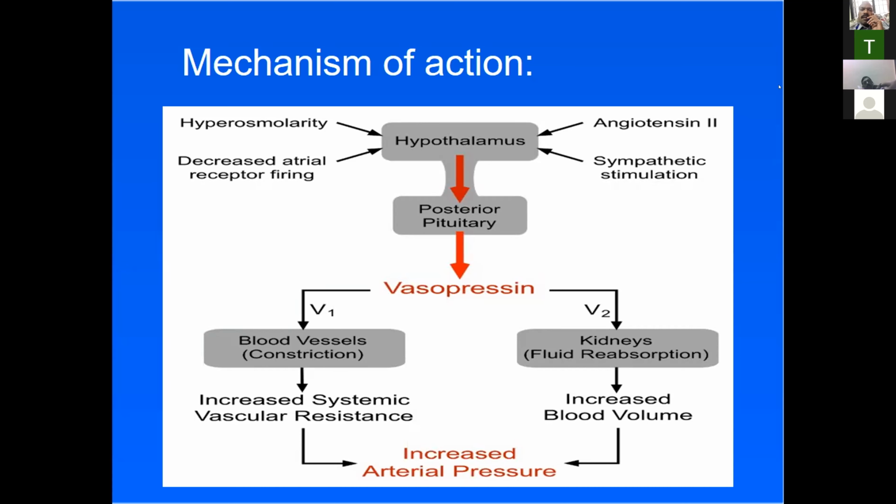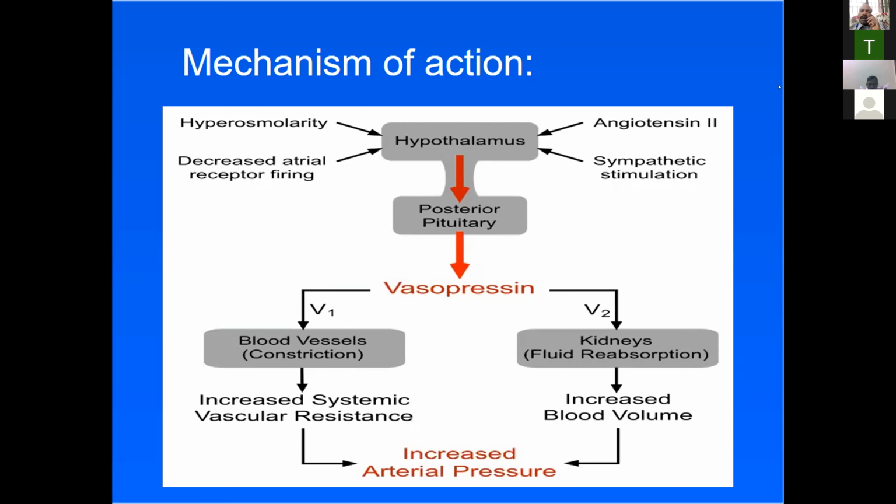So when there is a release of vasopressin, it has two receptors, V1 and V2 receptors. V2 receptors are in the kidneys, and V1 is in the blood vessels. Whenever vasopressin is secreted, it acts in two ways, on V1 and on V2. Whenever vasopressin acts on V2, fluid reabsorption takes place in the kidneys.